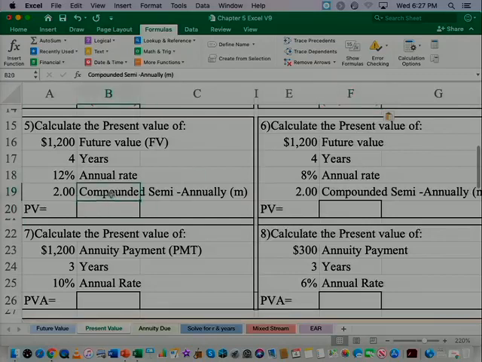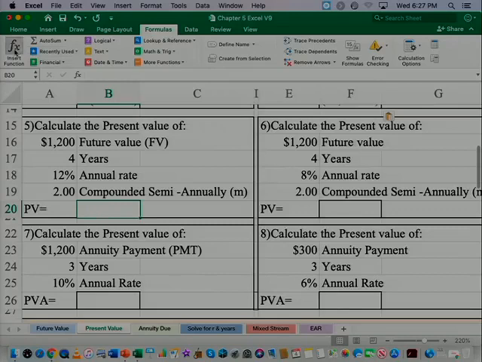So here we have a semi-annual. Now we have the frequency, or M, as they denoted in the textbook. So it's basically saying, what's the present value of $1,200 if it's going to be compounded semi-annually rather than annually? And this is still a single sum.